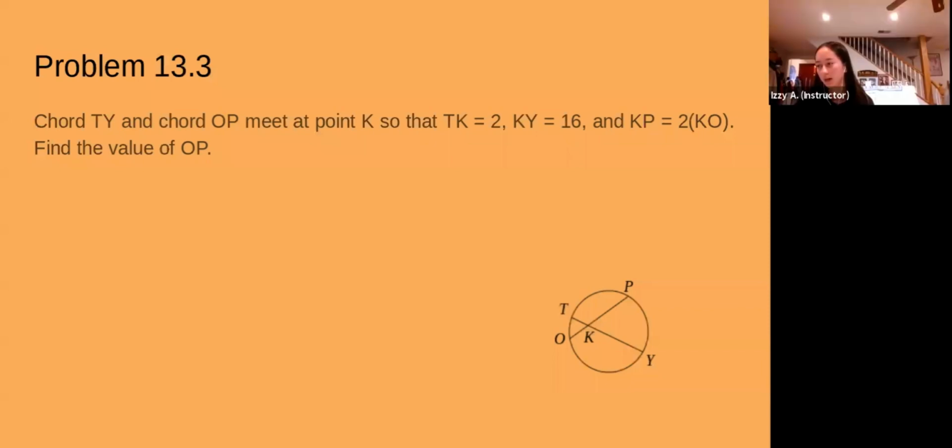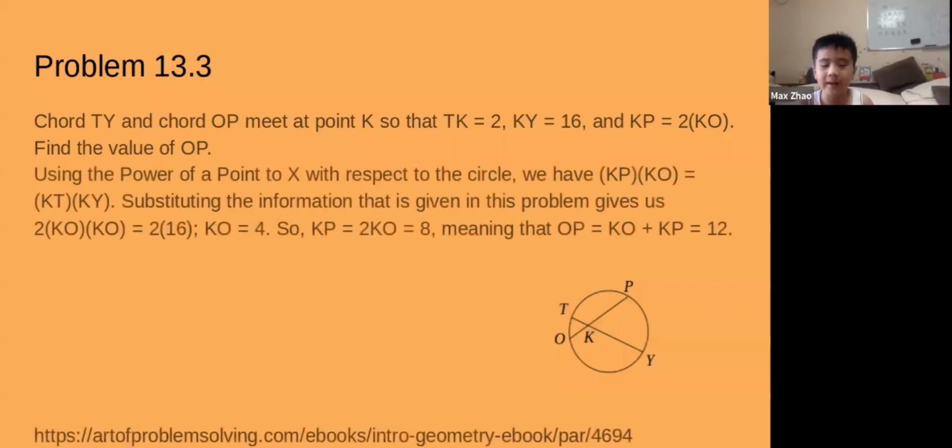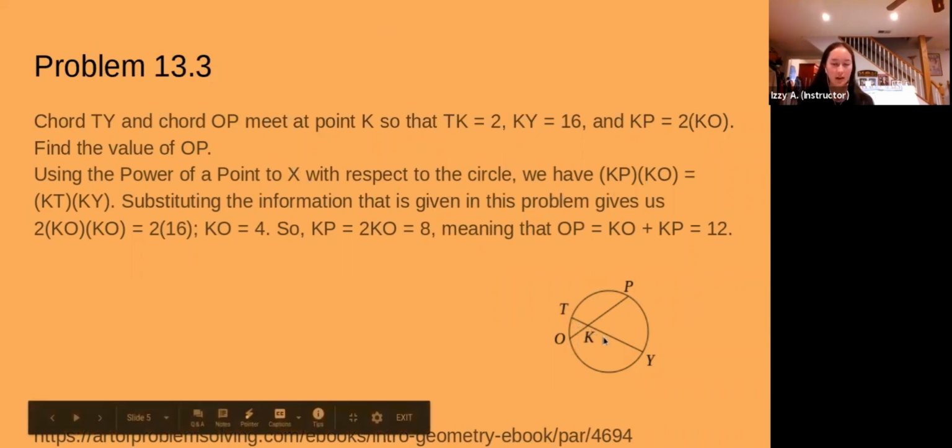You're pretty close. That was a good mindset. I think you just mixed up some numbers. Using the power of a point to K with respect to the circle, we have KP times KO is equal to KT times KY.